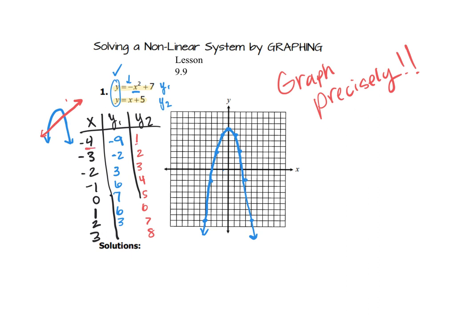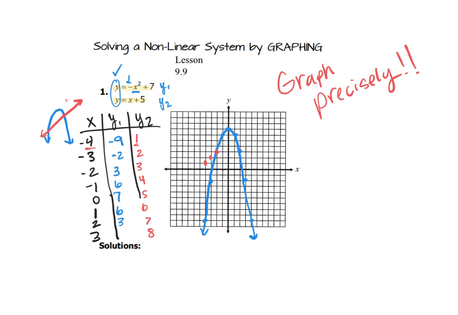I'm looking at these two now, my red column and my x's. So when x is -4, then y is 1. So -4 and 1. Let's put a dot on there. And then we have -3 and 2. And -2 and 3. And notice we're right on top of that other graph.